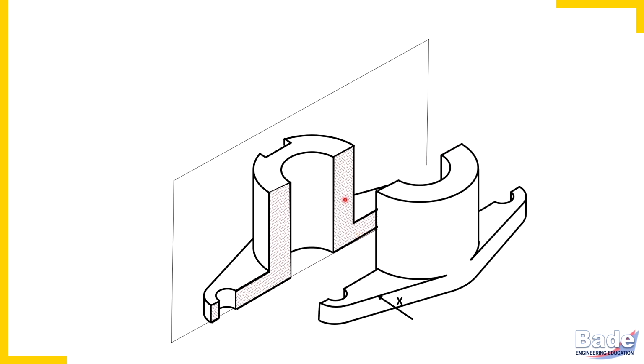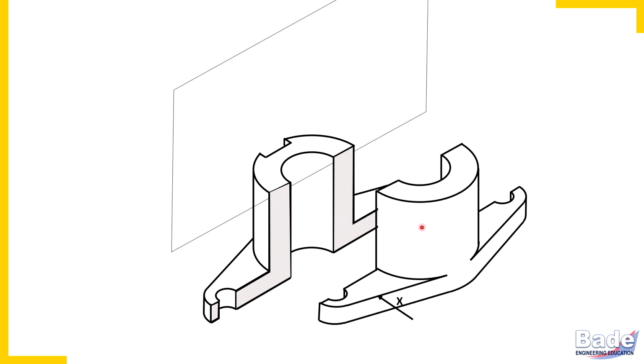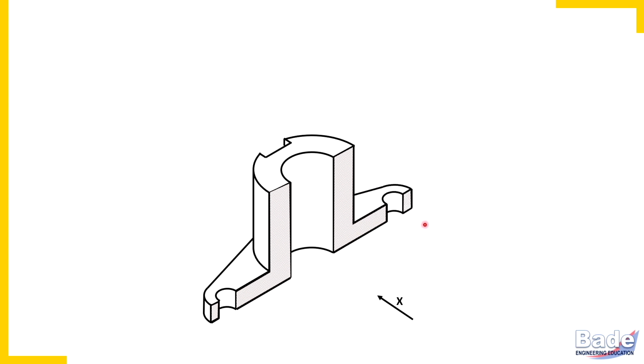So these are the two parts, and this is the portion nearer to the observer, which is to be removed to watch the section. Now when a solid part gets cut by a cutting plane, a new surface gets created, that is the section. In the actual drawing, it is to be shown with hatching lines. So this is the newly generated surface, that is the section.